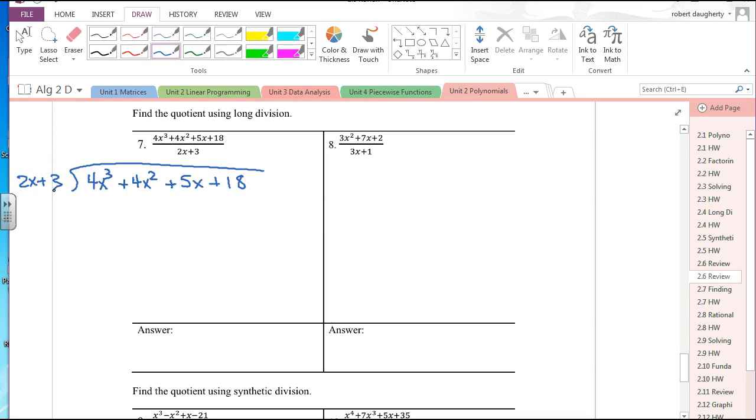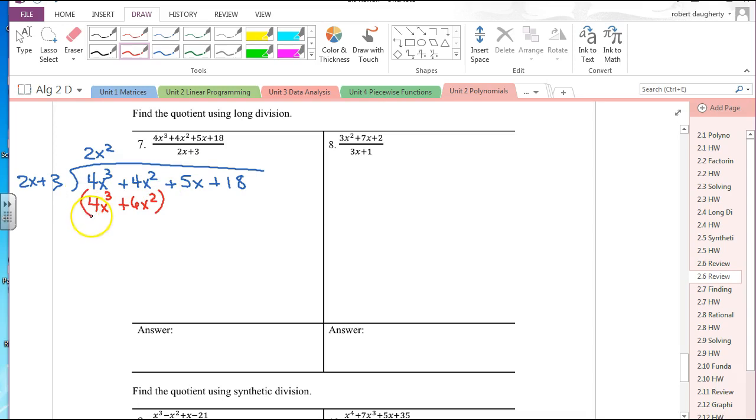So the way you do this, just look at this 2x. What do I multiply 2x by to get 4x cubed? That's going to be a 2x squared. Now let's do that multiplication, and I get 4x cubed, and then I get plus 6x squared.